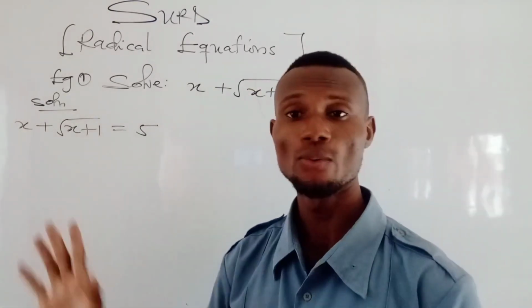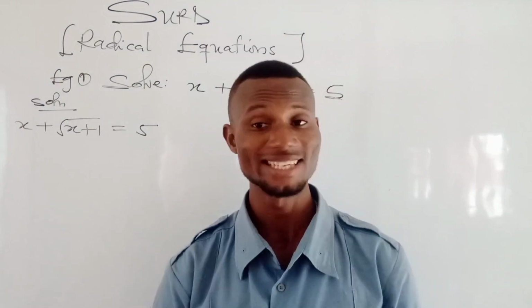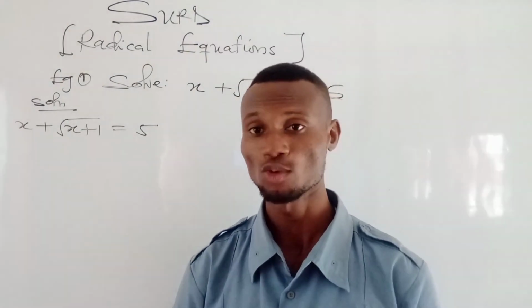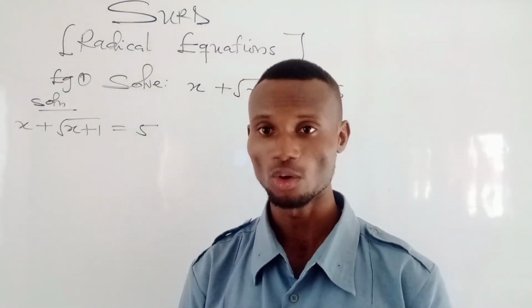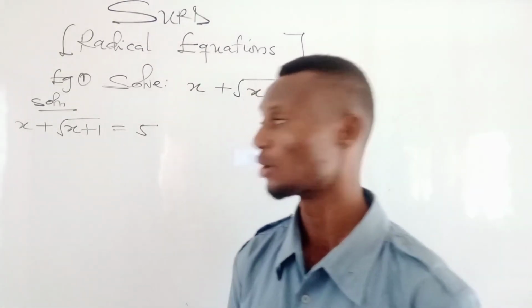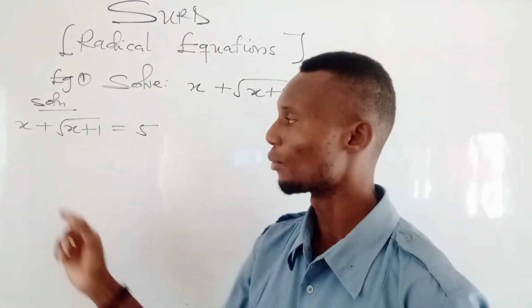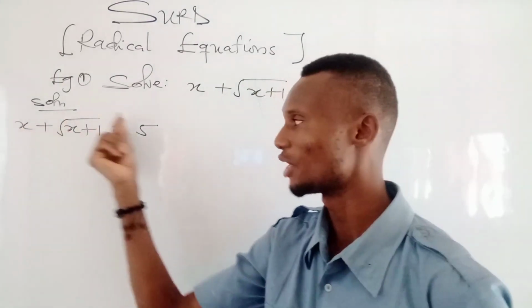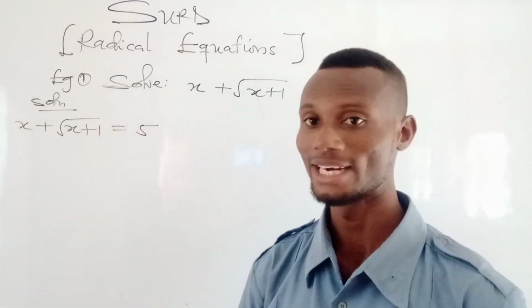Any way that you use, you get the same answer, but I just want to stick to the method that will make the work much simpler and easier for us. So before I square both sides, I'm going to move this s away to come and join the 5 which is here.